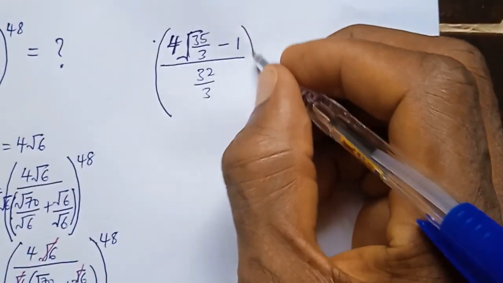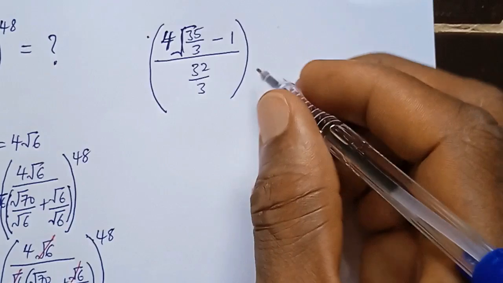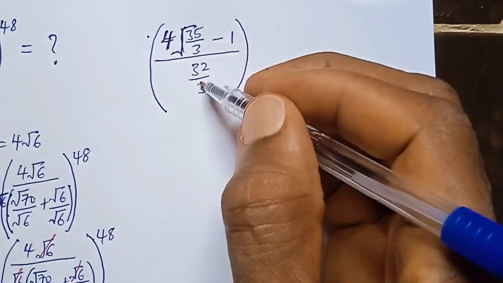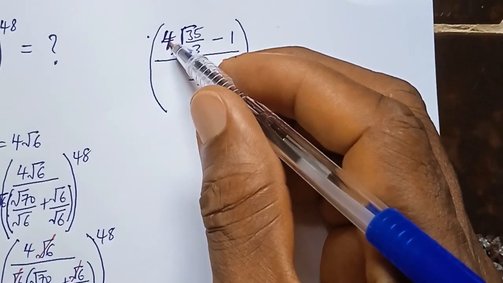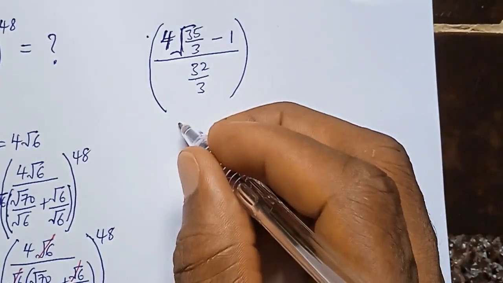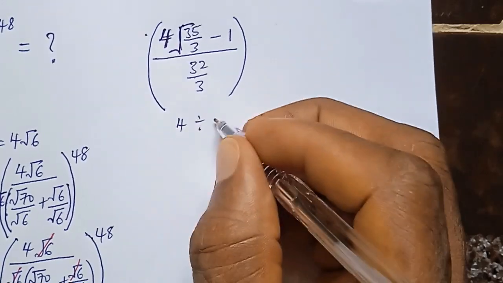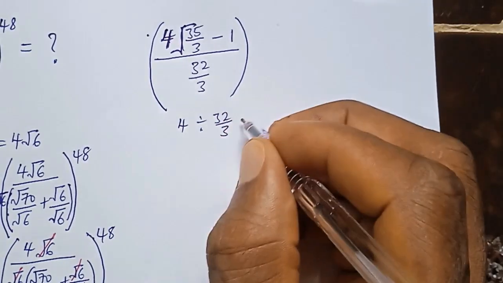So from this expression, we can consider these two as a fraction, 4 at the numerator and 32/3 at the denominator, as 4 divided by 32/3.